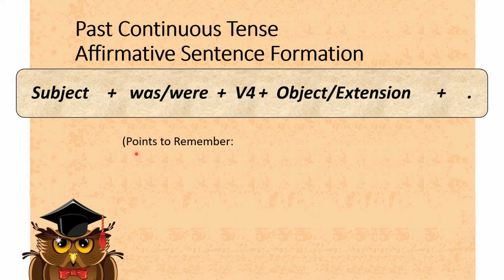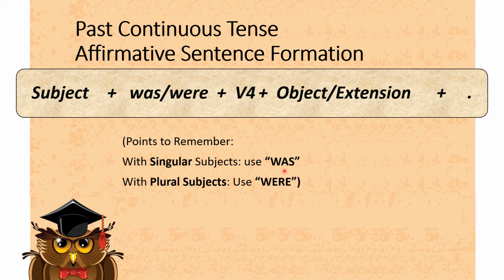Here are some points that should be always remembered. If your subject is singular, you should use was with that as auxiliary verb. In case your subject is plural, you should use were as the auxiliary verb.